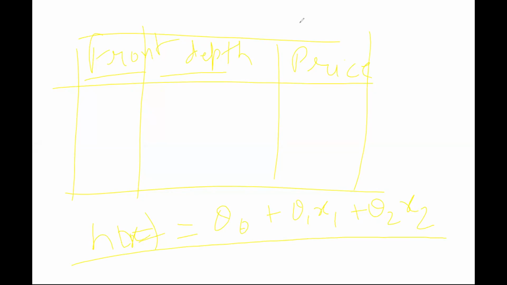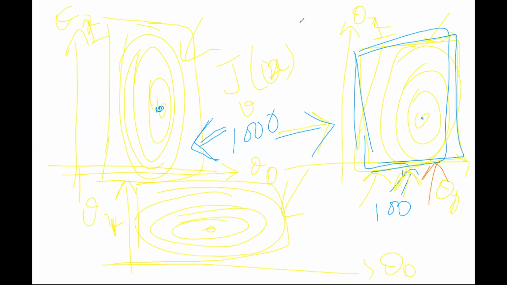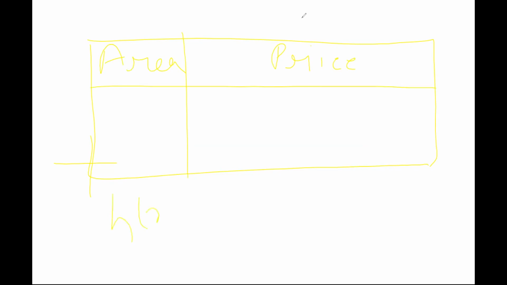So if you make your data like this, from that you calculate the area and you have the price. So this is theta 0 plus theta 1 x, this function.